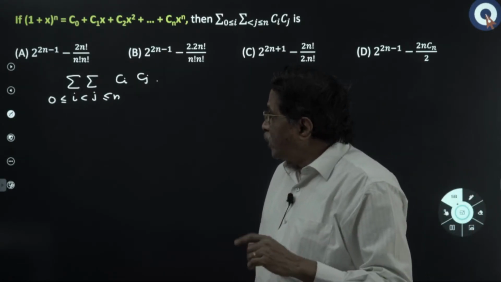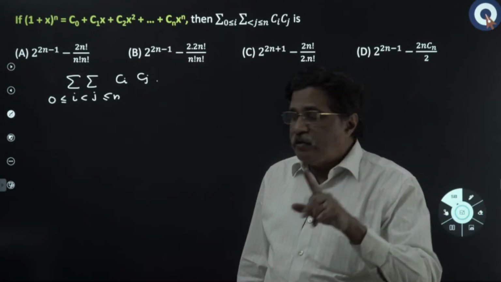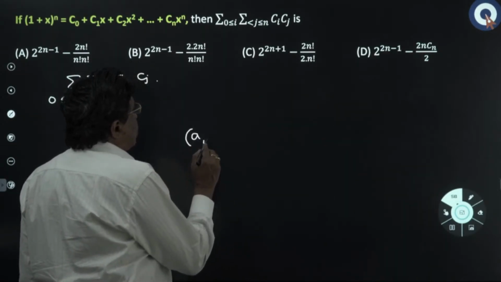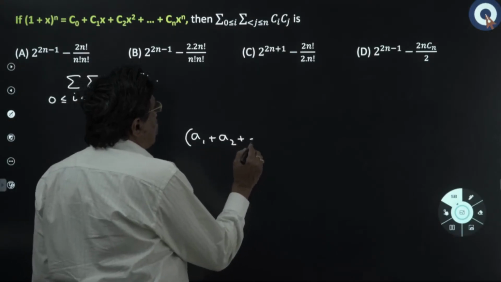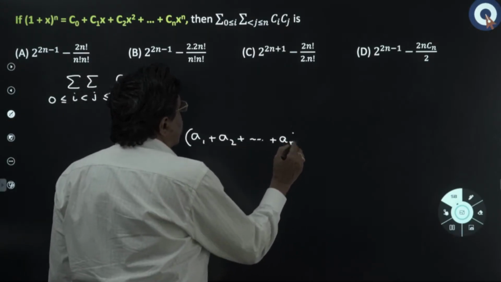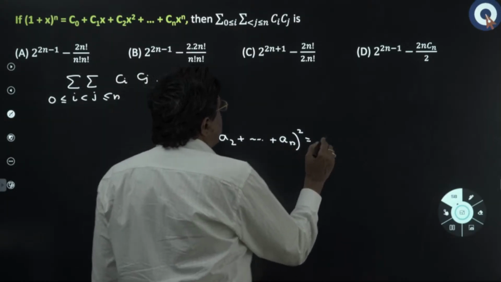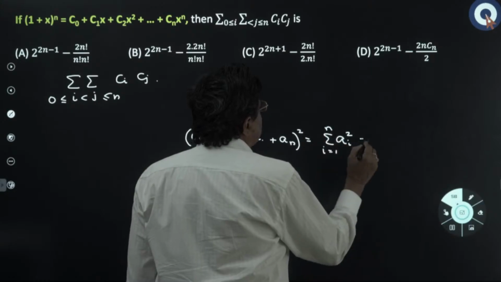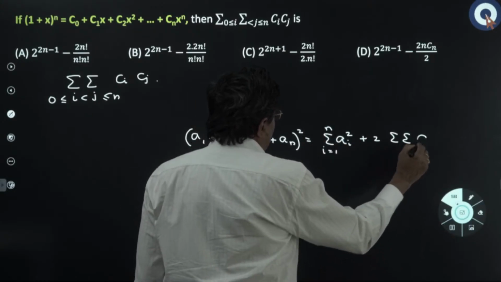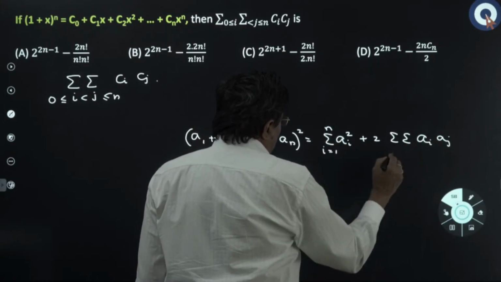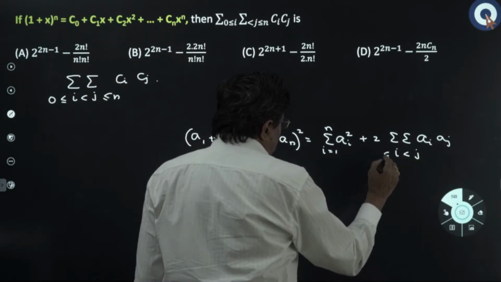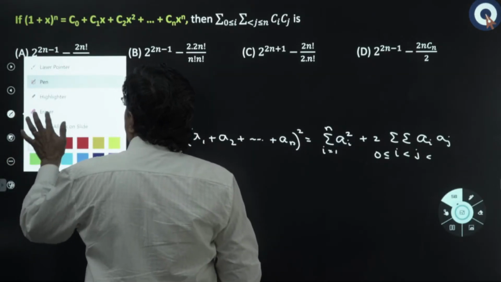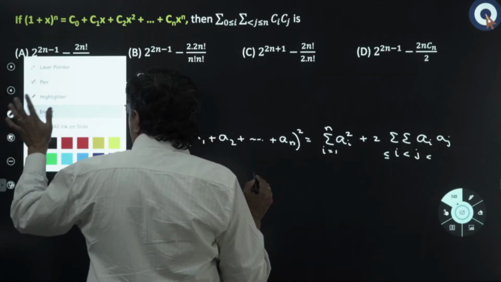And another point, when you write i less than j, for example, suppose you have (a1 + a2 + so on + an) whole square. This is a1 square plus a2 square plus so on plus an square plus 2 into sigma sigma ai aj, i less than j, i ranging from 1 to n.